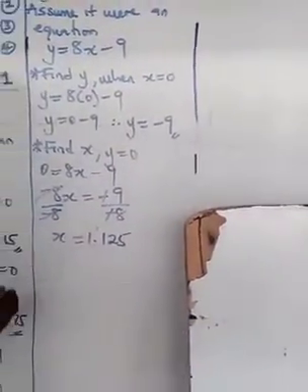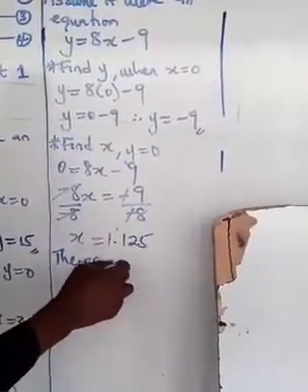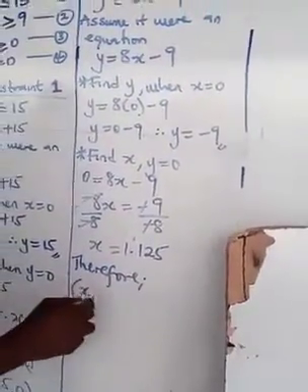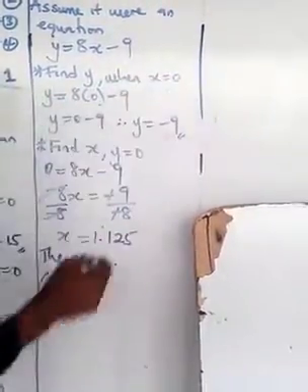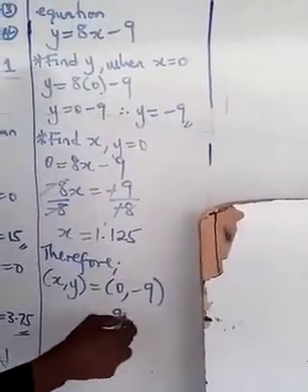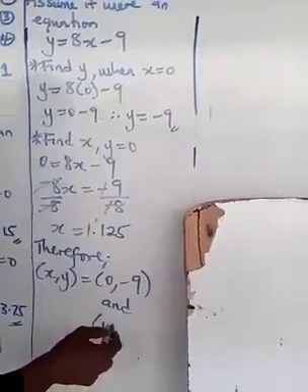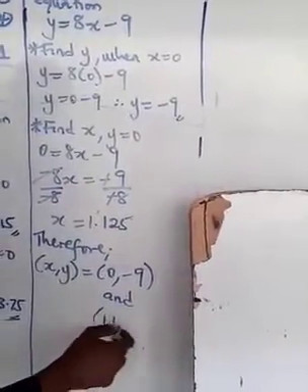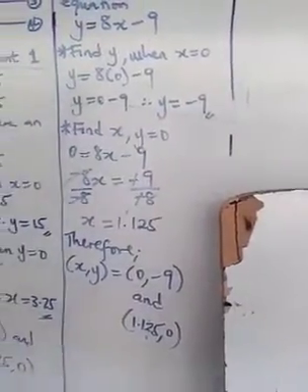So therefore, for this constraint, when x is 0, y is minus 9, and when x is 1.125, y is 0.